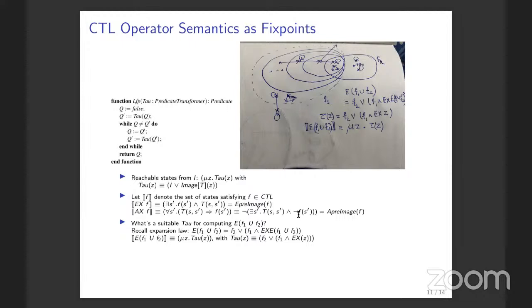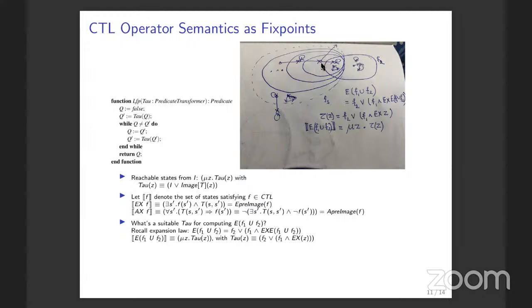That's it, right? If there is no F1 at all in your model, yes, then it will only be F2, correct. Then you will reach the fixed point very quickly, in one step itself, because there's nothing to add beyond F2.